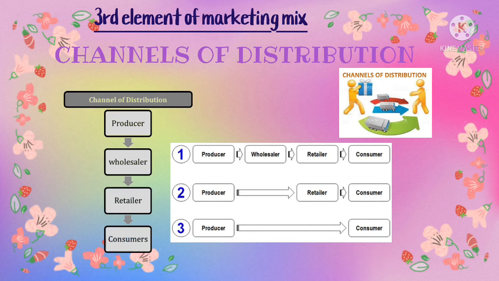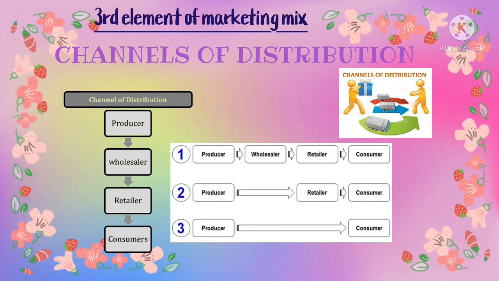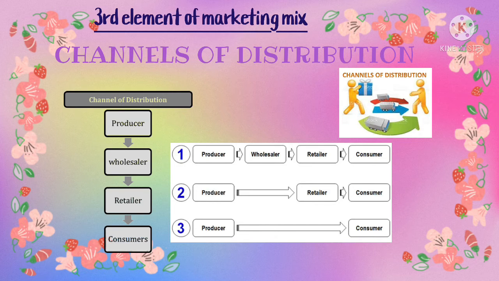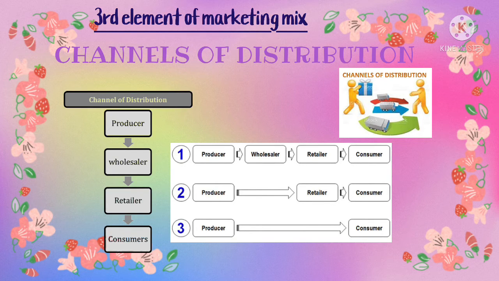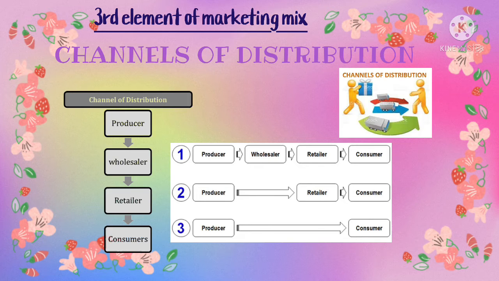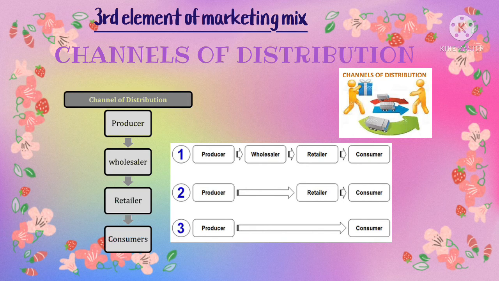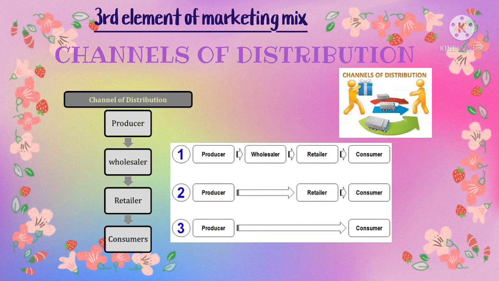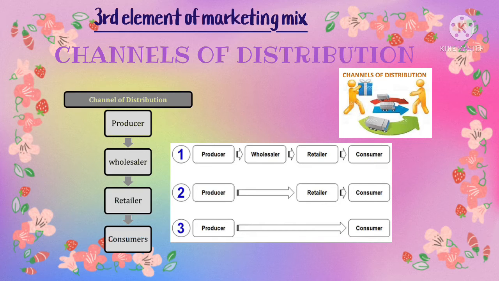Okay, so let me tell you why all these are included. Channels of distribution refer to the people or middlemen who help in distributing the goods, because the manufacturer itself cannot reach every customer, so they have to make use of middlemen who can distribute their goods.